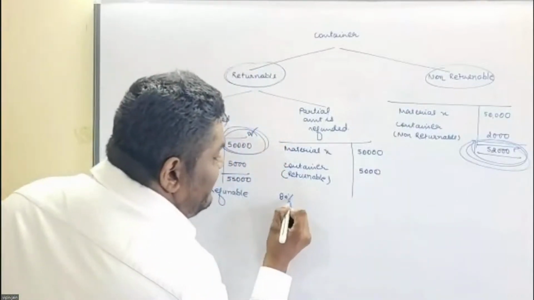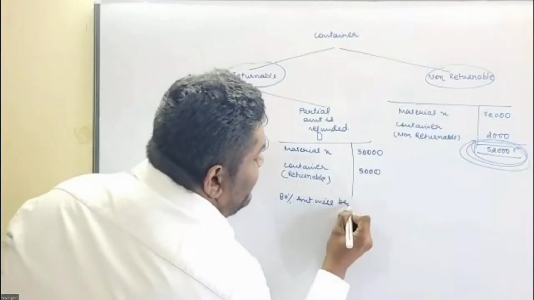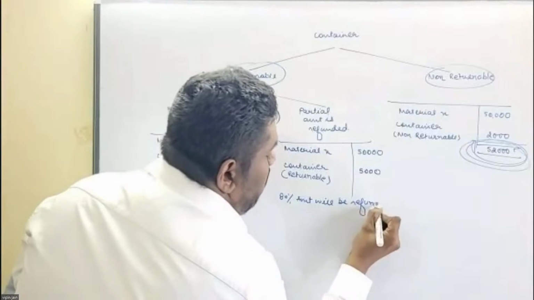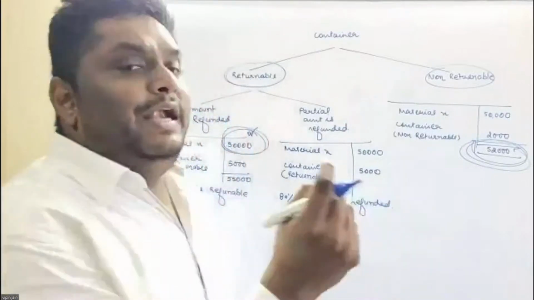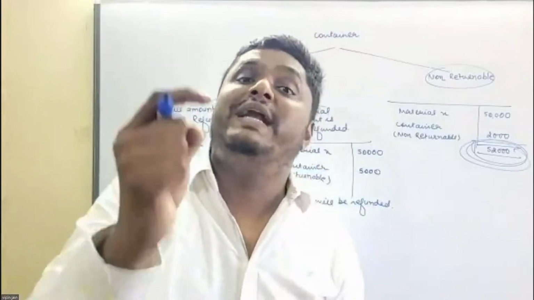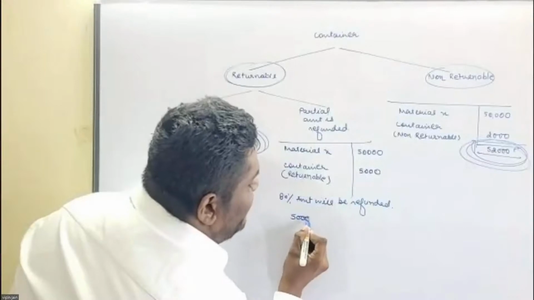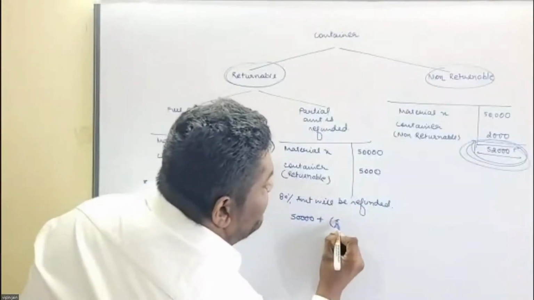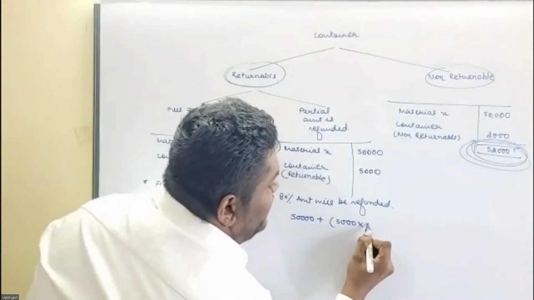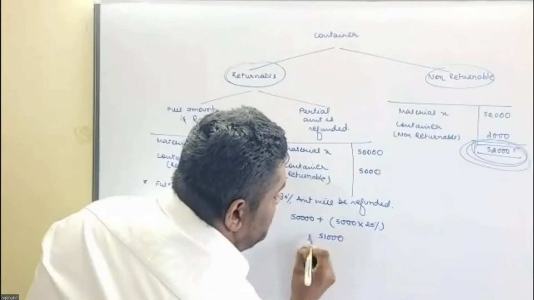Further, it is given that 80% of the amount will be refunded. It means our cost is only 20% of the cost of the container. So what will be the cost of inventory? 50,000 plus 5,000 into 20%. So the total cost will be 51,000.